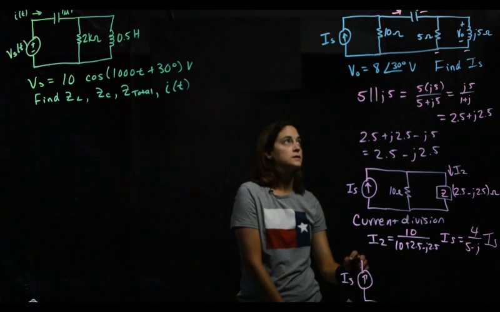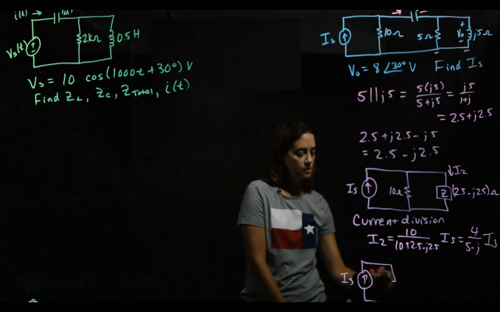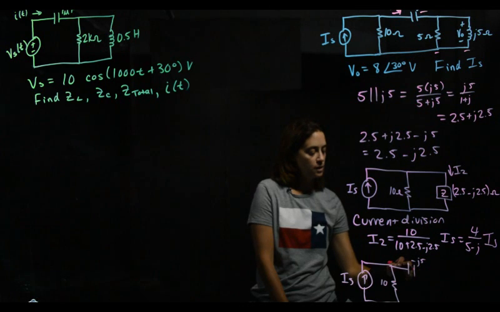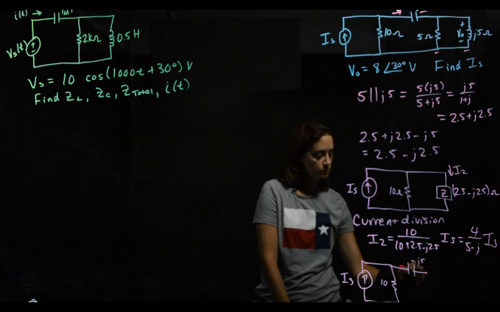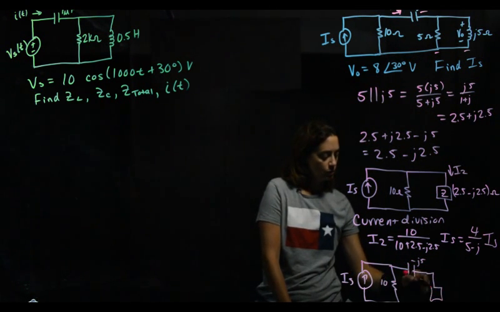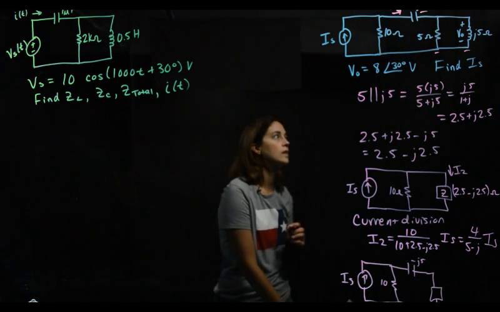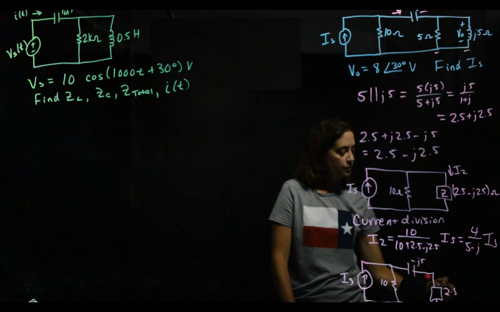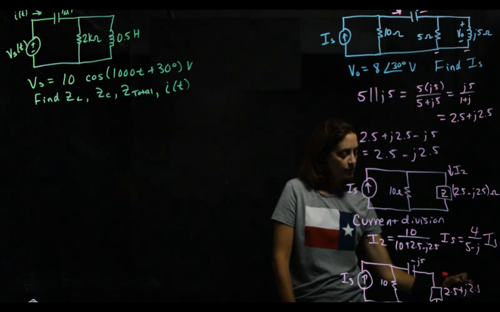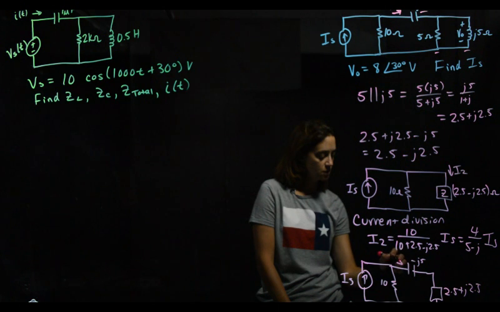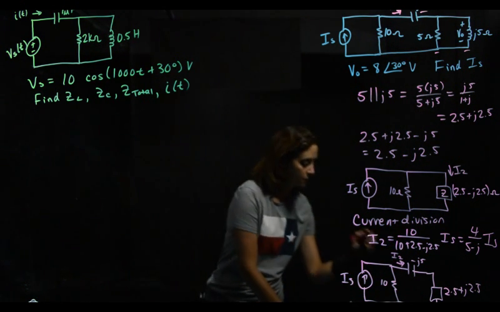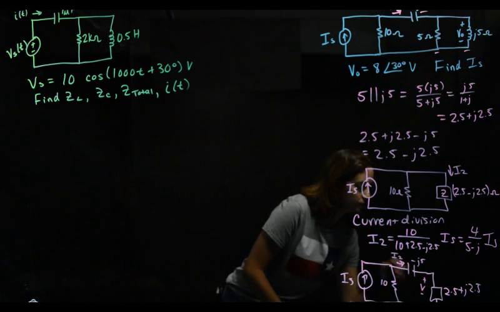So we have IS, we're backtracking a little bit, so our 10 is still there. We're putting our minus J5 back here, and we're just combining the 5 and the J5. When we did that, we had 2.5 plus J2.5. And we have this current now, I2, and we have this voltage, V.